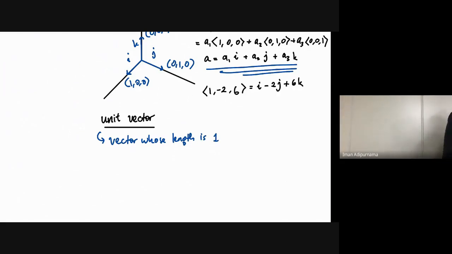So basically, i, j, and k are unit vectors because all have length 1, right?